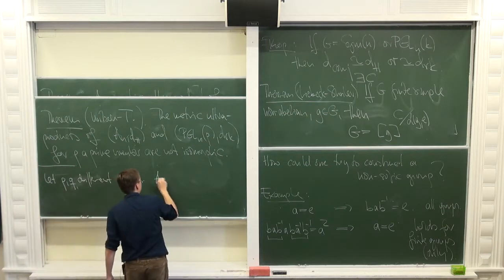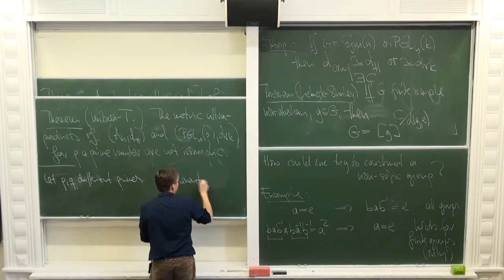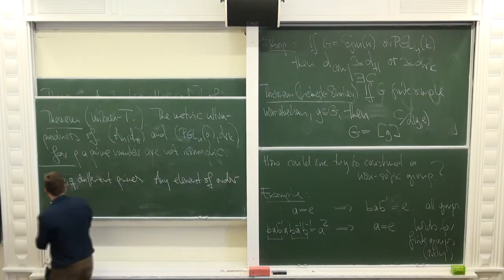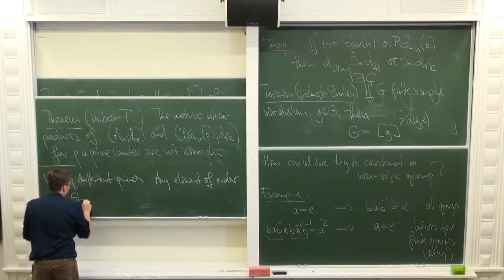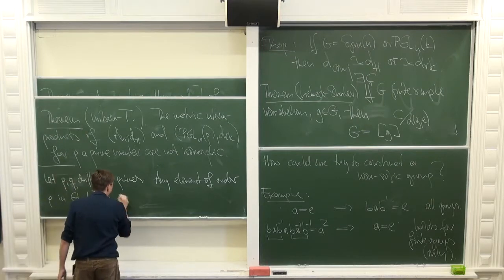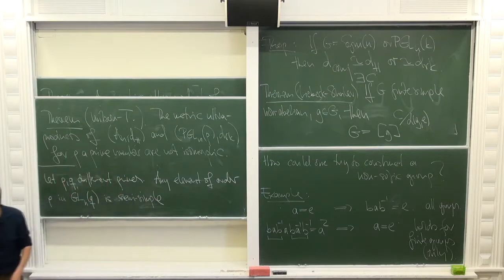So then any element of order p, let's say in GL_n(q), is semi-simple. That means over the algebraic closure, this matrix is diagonalizable.